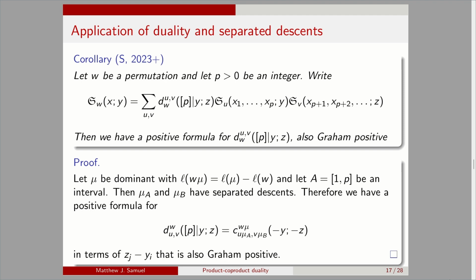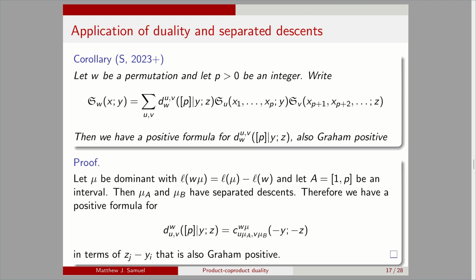So we can split any double Schubert polynomial into a sum of double Schubert polynomials in x1 through xp and y times a double Schubert polynomial in xp plus 1 through the last x and z, and we multiply this by these coefficients that are positive in terms of zi minus yj, and they're also Graham-positive when we set z equal to y.